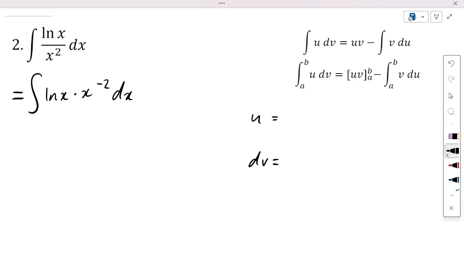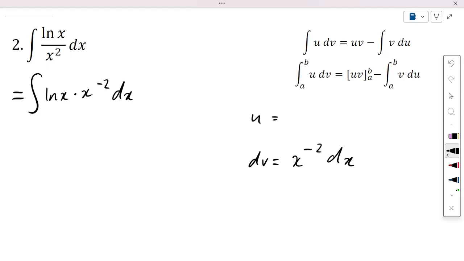So I don't recommend finding the integral of ln x with dv, but rather find the integral of x to the power of negative 2 with respect to x, because it's easier that way. Otherwise, you'd have to do integration by parts again, which is more complicated. So you need to be careful which variable you are assigning.